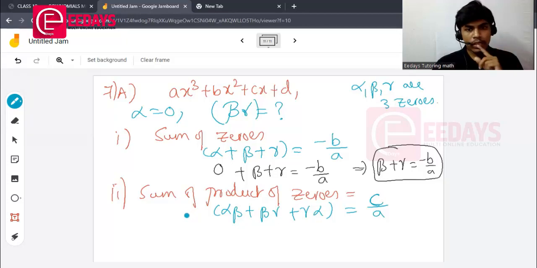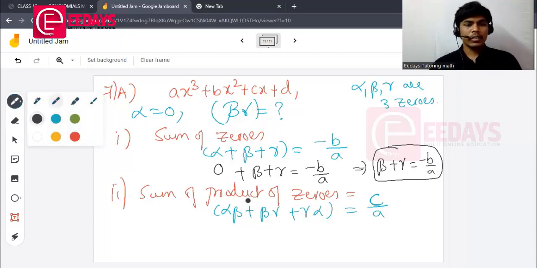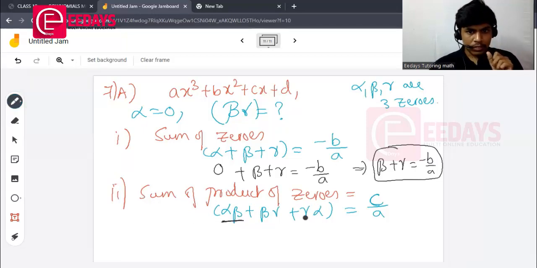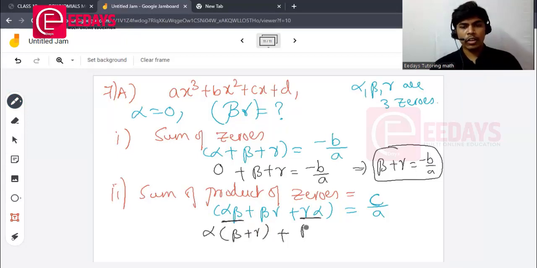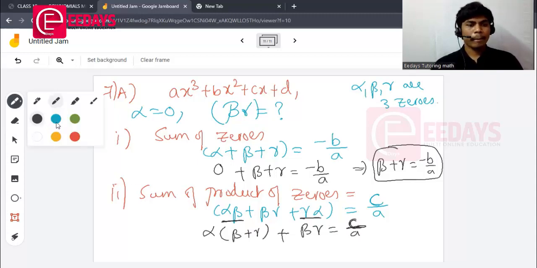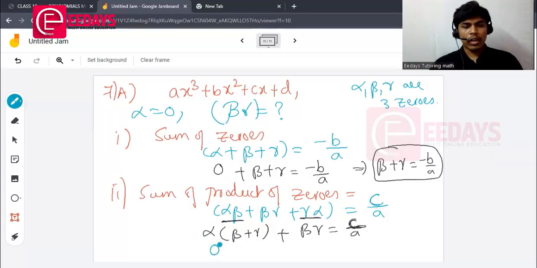One of the zeros is 0, so alpha is 0 here. This type of question we already solved. Zero with anything is 0, so this part is 0.